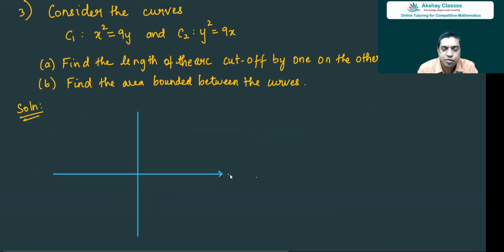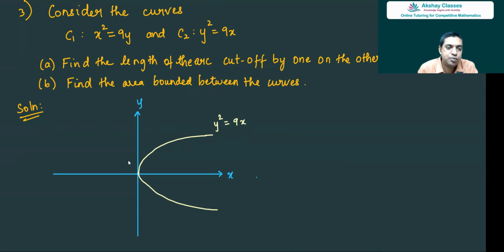I can easily draw using grapher, but in exam you will have to do it by yourself. Y square equal to 4x is this form. So this is y square is equal to 9x. This is the second curve, C2.